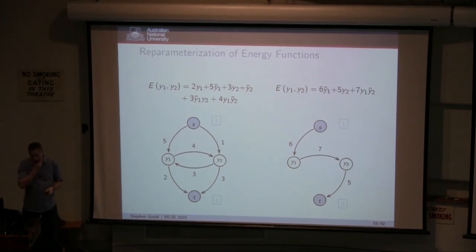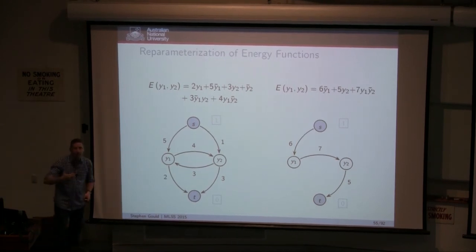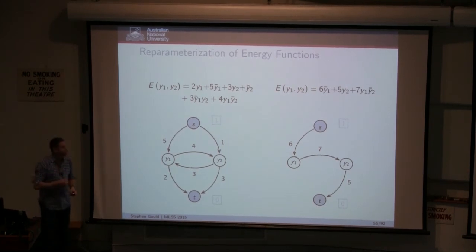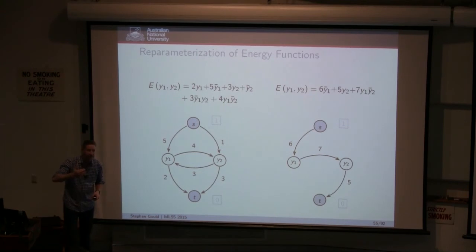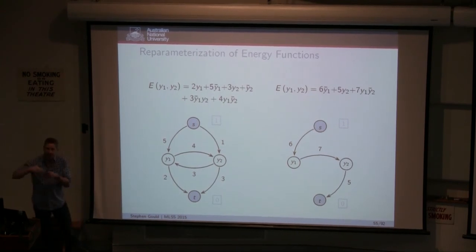A nice way to think of these graph cut algorithms is that as the algorithm is running, it's giving you a reparameterization of your energy function. Every time I find an augmenting path and I update the edge capacities, it's giving me a new graph.